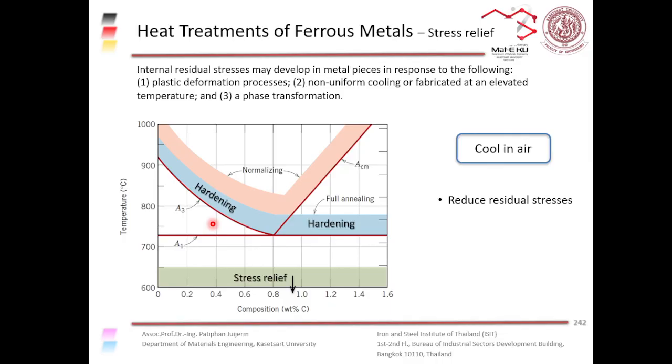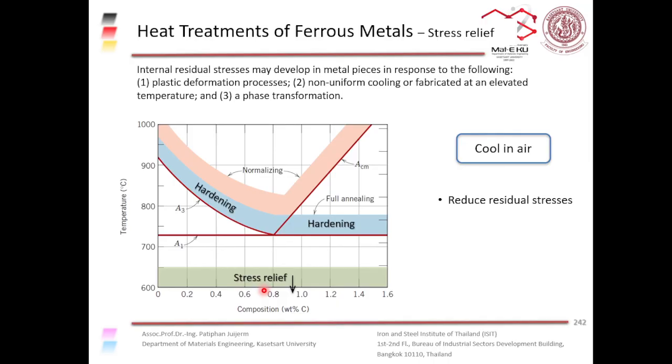We want the microstructure that we have because the property requirement and performance requirement indicate that we want this microstructure, but we just want to get rid of the residual stress, right? So we just heat it up just a little bit so that it is still in the same microstructure, but any stress that we have will sort of dissipate away with time, right? You heat it up, it starts to relax a little bit.